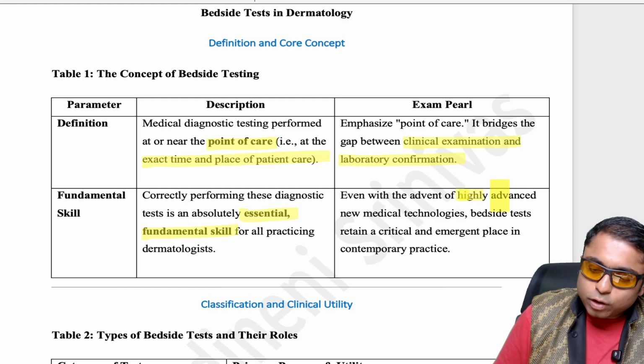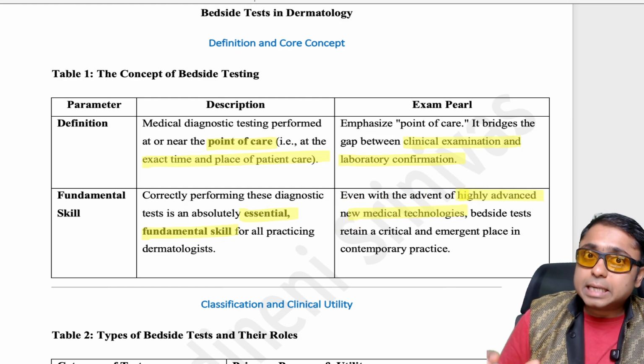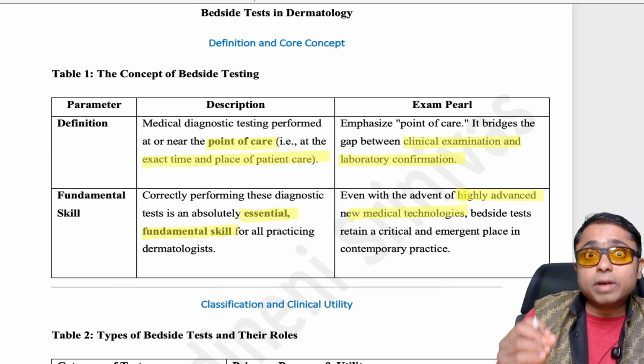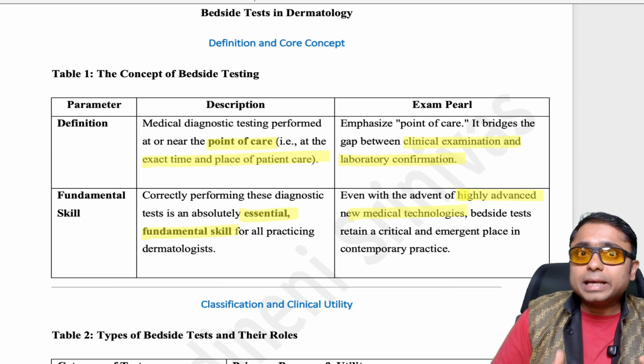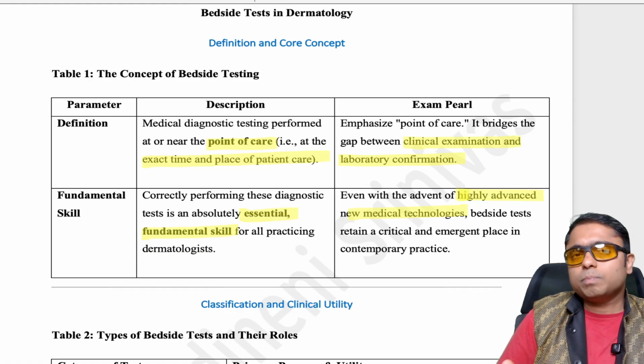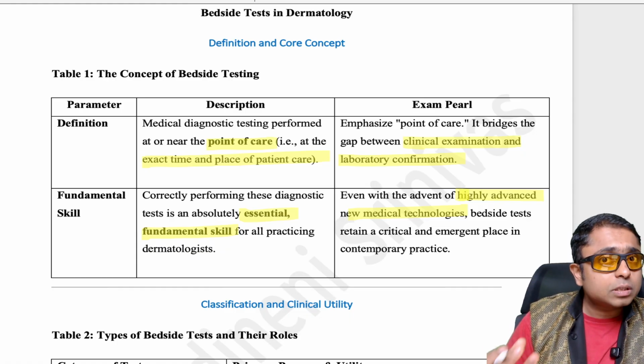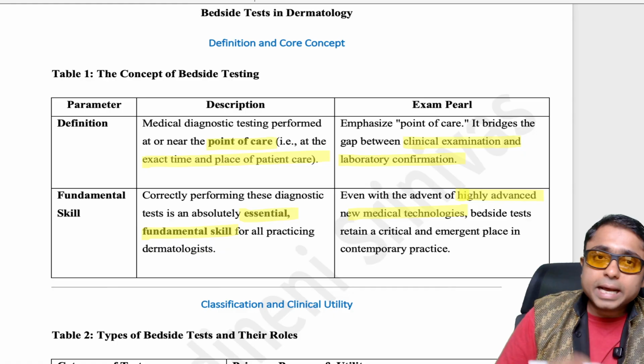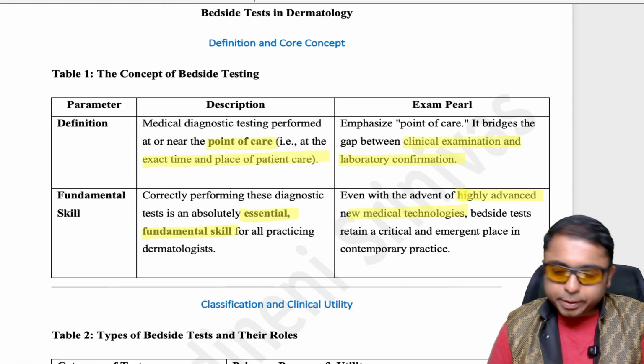Even with the advent of highly advanced technologies, remember the bedside testing is going to be very crucial for building rapport between yourself and the patient, for getting the professional diagnosis, and sometimes even to confirm the diagnosis before the initiation of treatment.